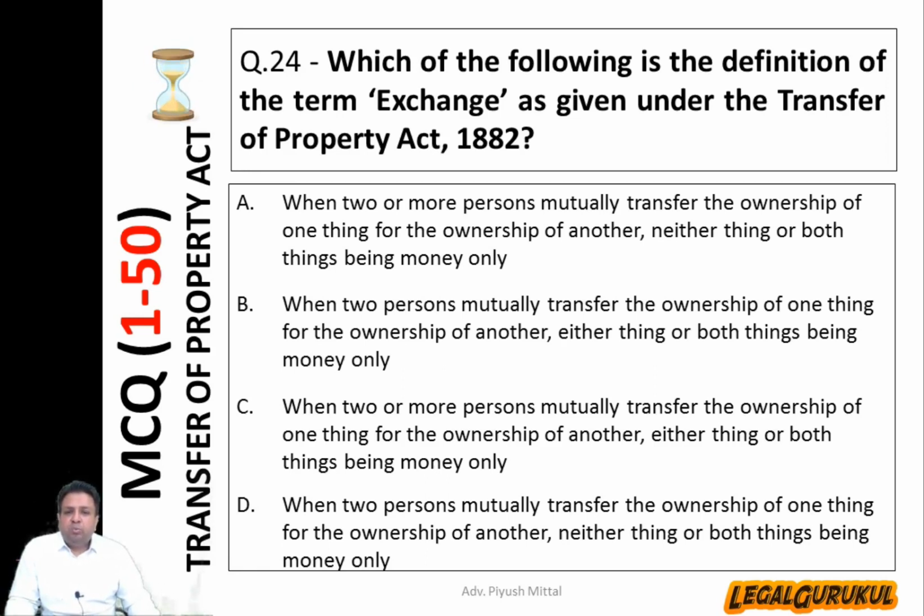C. When two or more persons mutually transfer the ownership of one thing for the ownership of another, either thing or both things being money only. D. When two persons mutually transfer the ownership of one thing for the ownership of another, neither thing or both things being money only. And the correct answer is D.